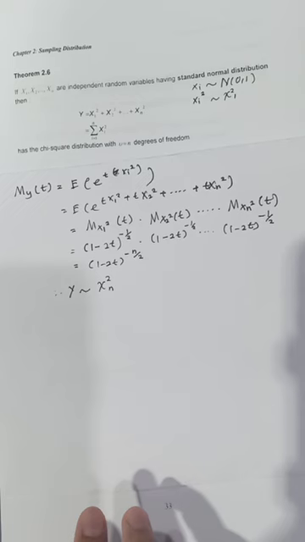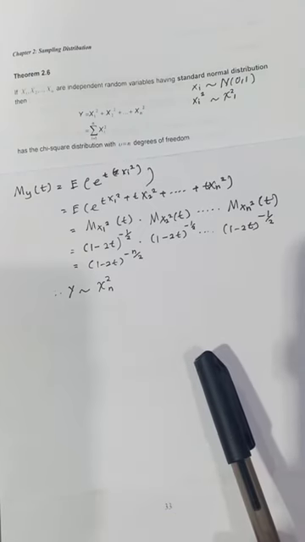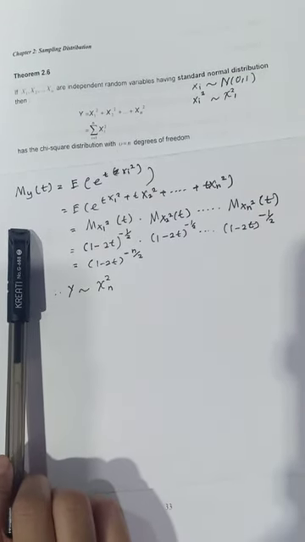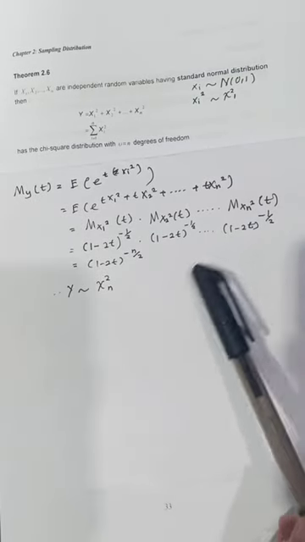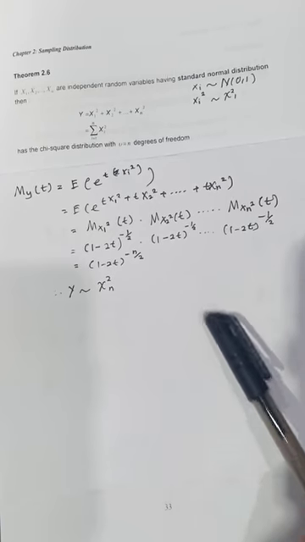Because now we deal with the chi-square distribution, we know that chi-square is one of the special distributions. So to know the distribution of any random variable that deals with a special distribution, we use the third method, which is the MGF technique.